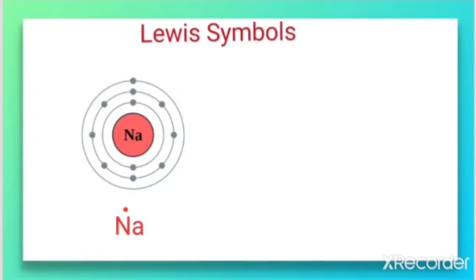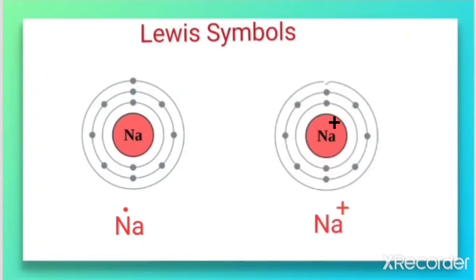When it loses 1 electron, it forms the sodium ion. Now you can see there is no electron in the outermost shell, because that electron is lost. So how do we write the Lewis symbol? Since there is no electron in the outermost shell, we will not write any dot for the sodium ion.